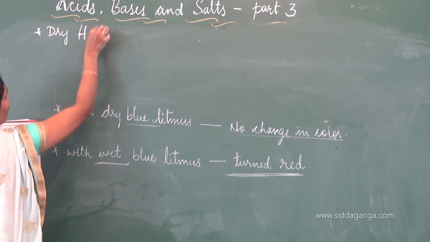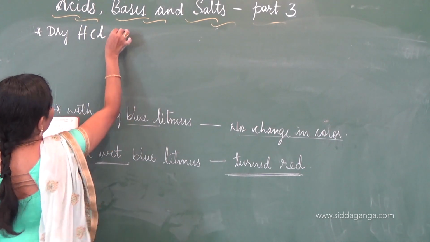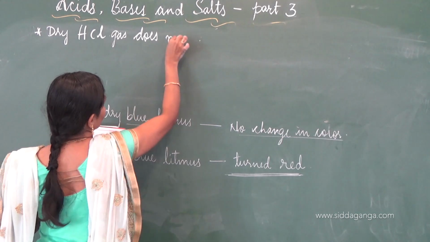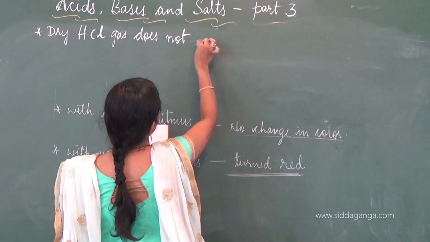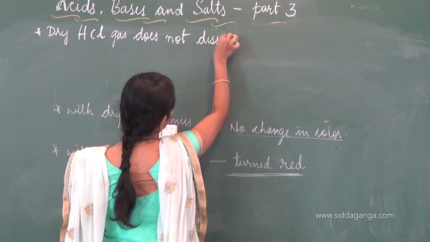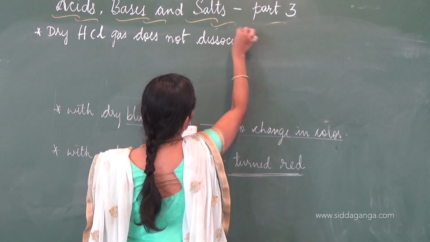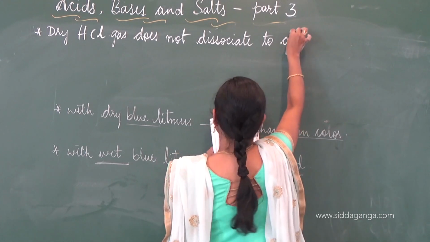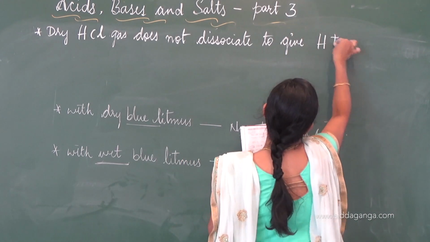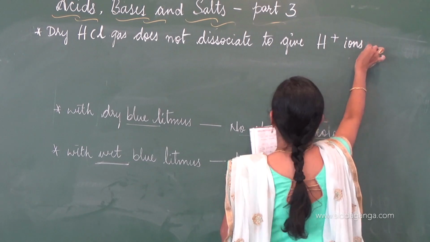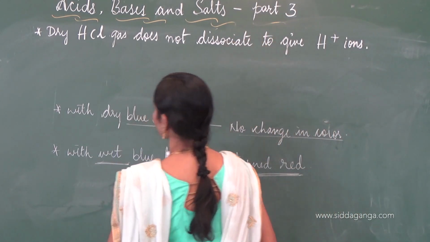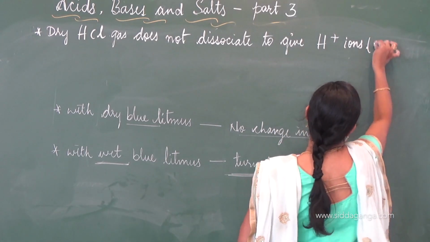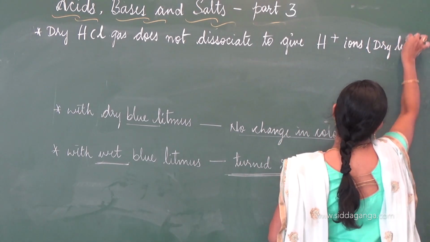Dry HCl gas does not dissociate to give H plus ions. We don't find any dissociation taking place. Where? With respect to dry litmus paper. This is with respect to dry litmus.